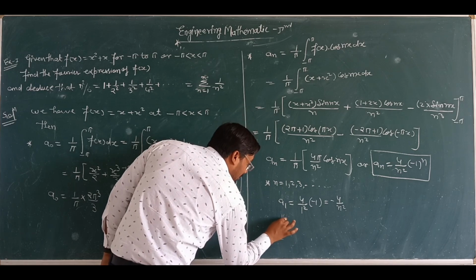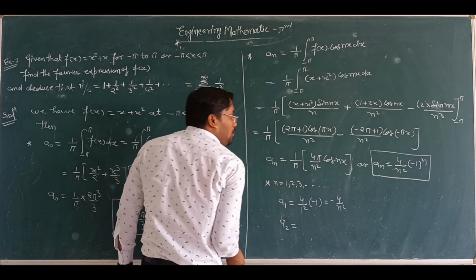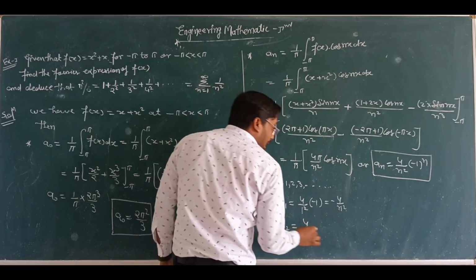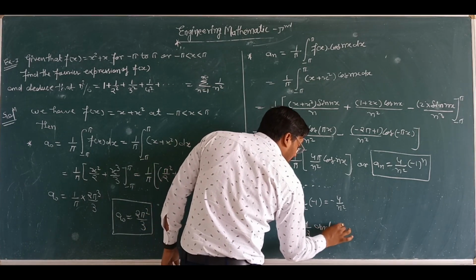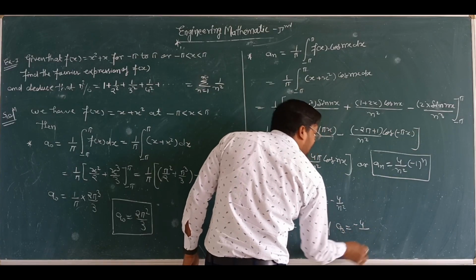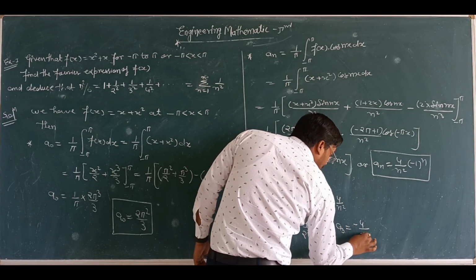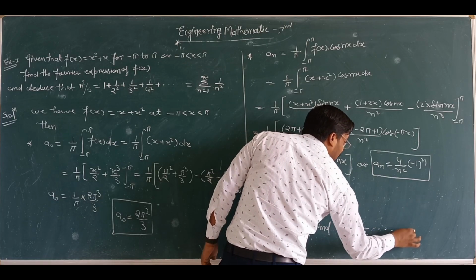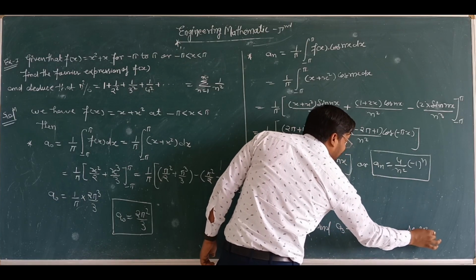Now simply the value of a2, put n equal to 2, you can write 4 upon 2 to the power 2, and the value of a3 is equal to minus 4 upon 3 to the power 2, and so on.